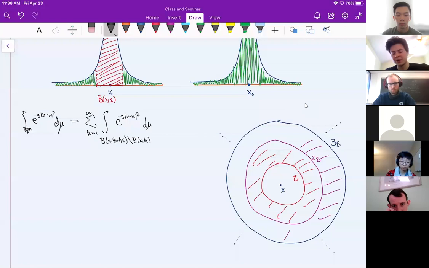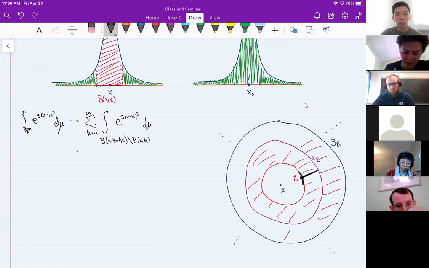On each of these annuli, this function e to the minus s to this power is decreasing as I go further out. So on this annulus it takes its largest value on the inner part.